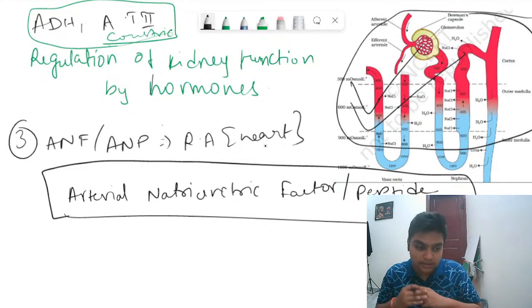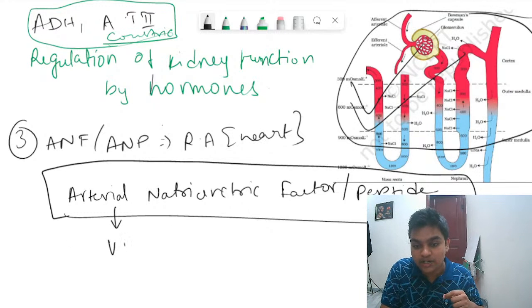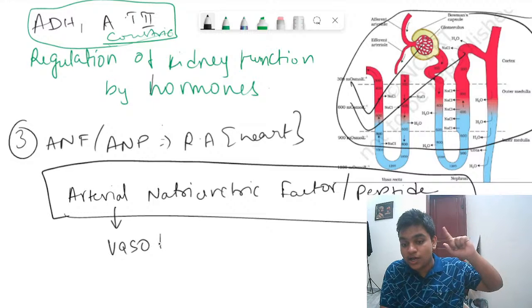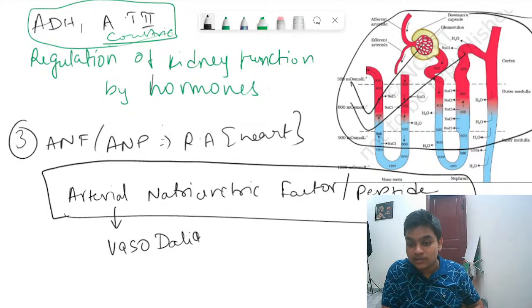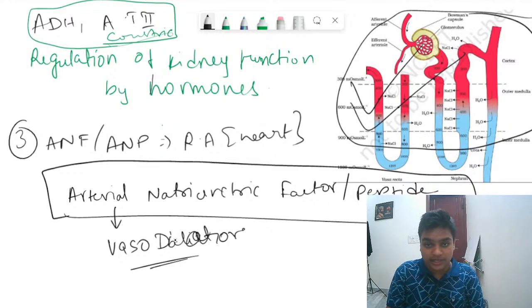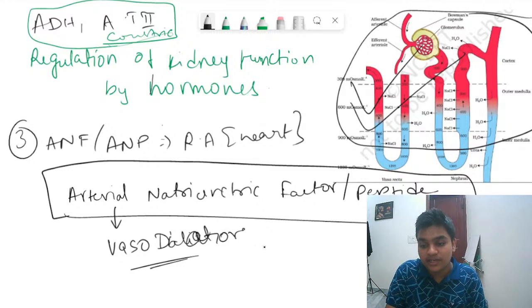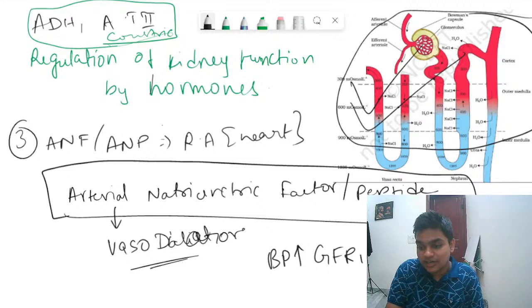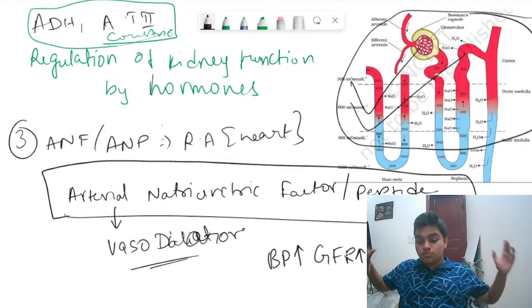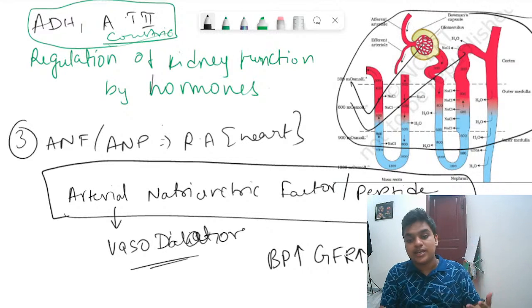Now this ANF is a potent vasodilator, but those are vasoconstrictors. Whenever the blood pressure increases, GFR rate increases, whenever there is much water in the body that needs to be excreted, this ANF is released.